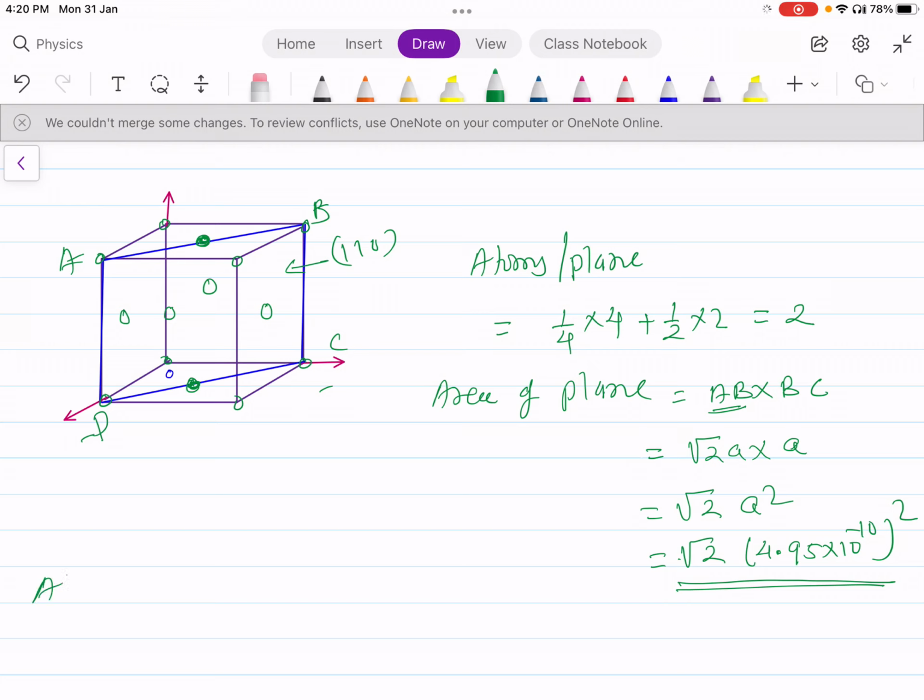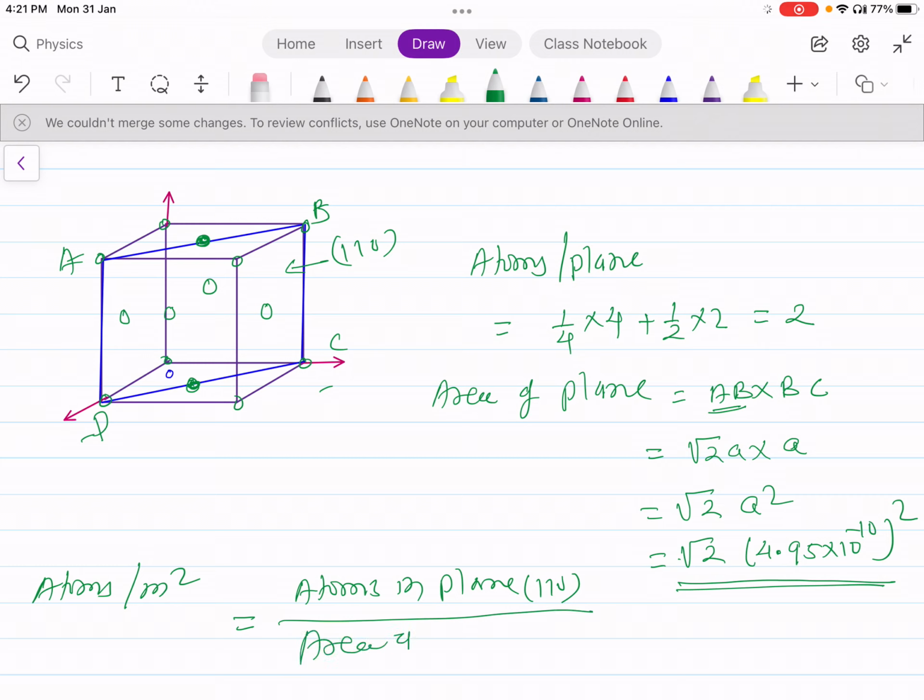Then we have to find atoms per meter square, which equals atoms in plane 110 divided by area of plane.